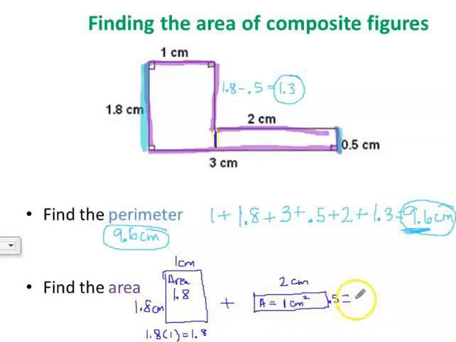Now I can add my two areas together: 1.8 plus 1 to get 2.8 centimeters squared, because we're talking about area. All I did was split it up into two familiar shapes that we are comfortable finding the area of, and then add those two areas together to get the total area of 2.8 centimeters squared for this composite figure.